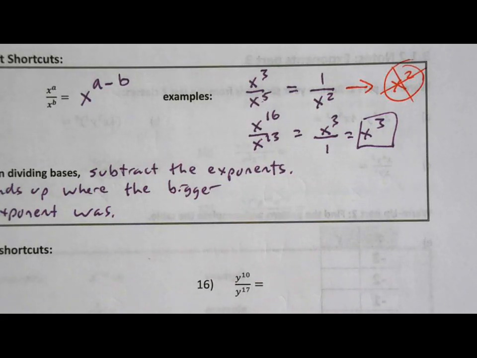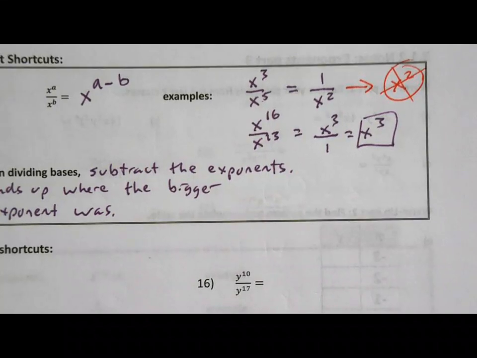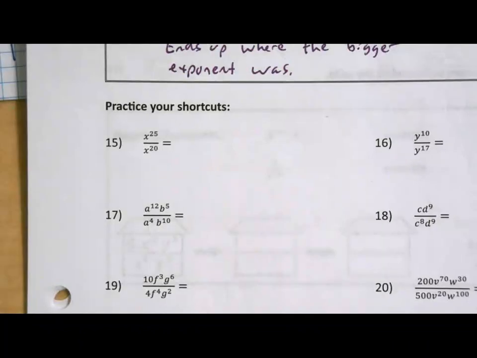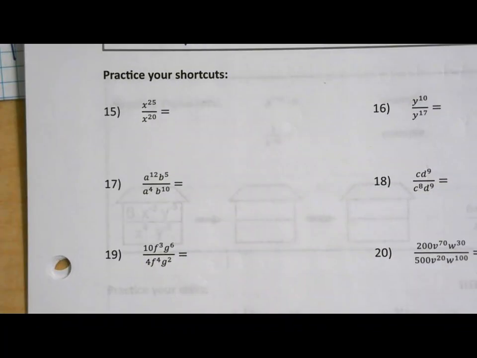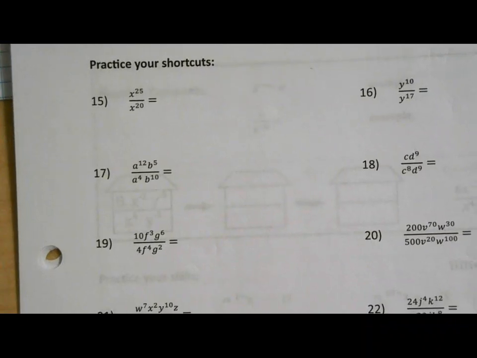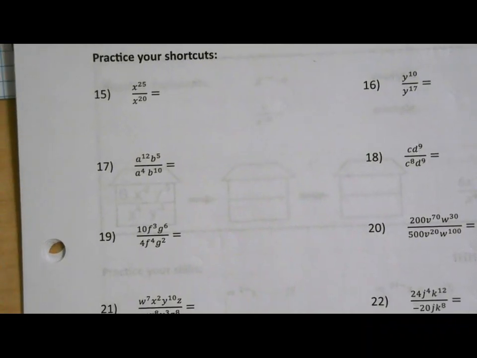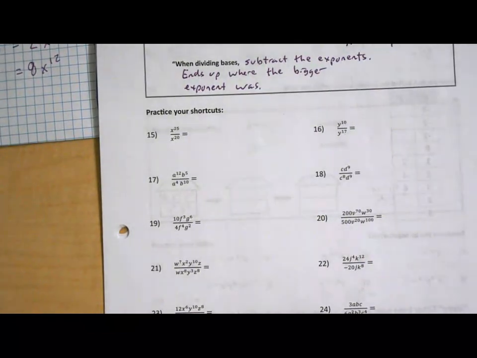All right. So your job is to practice these a little bit. I would like you to at least, let's do this. Could I get you guys to focus on the left-hand column here?